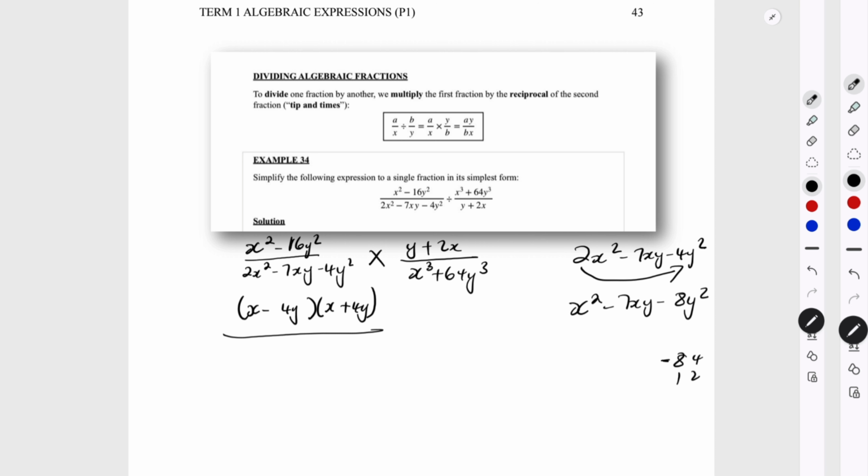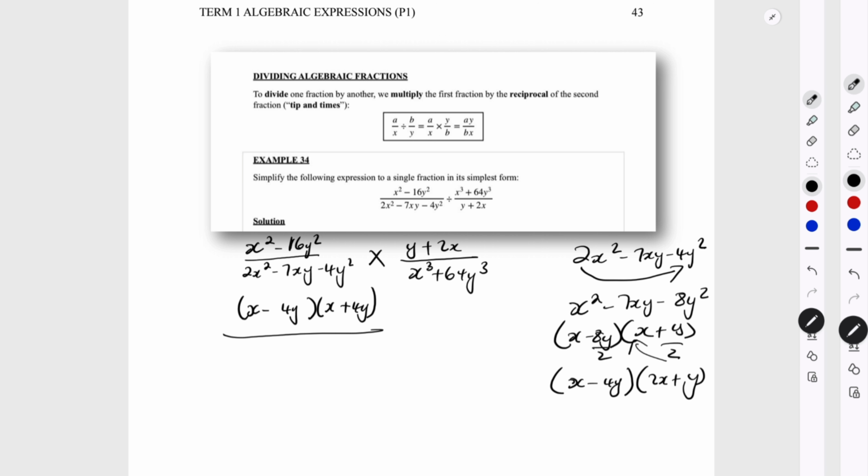Now, if it's minus, this will be minus plus. Remember the y. So I'll take this one. Therefore, this bracket will be x minus 8y, then x plus y. Remember, I multiplied by 2, so now I divide everything by 2. This will be x minus 4y, and then 2x plus y.